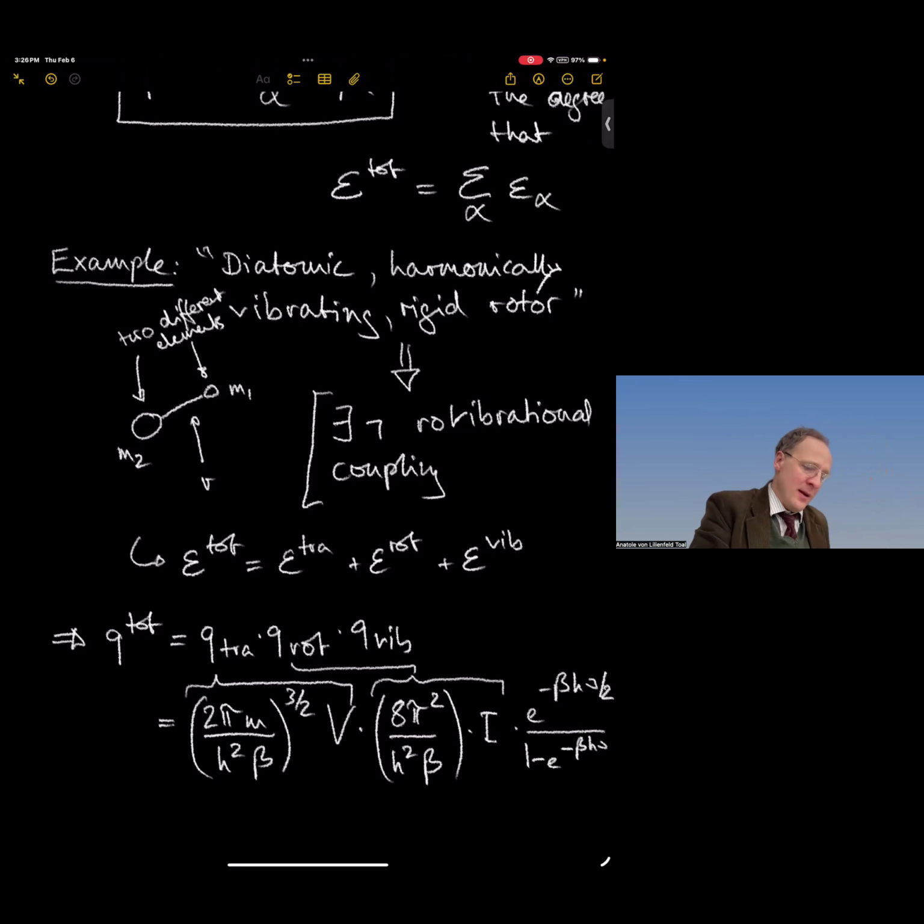Okay. And that is your vibrational partition function. Okay. Again, as I already said, you still need to be a little bit patient. We will derive these partition functions soon. Right now, I'm just simply giving them to you, but do not be concerned. You will see where they are coming from.